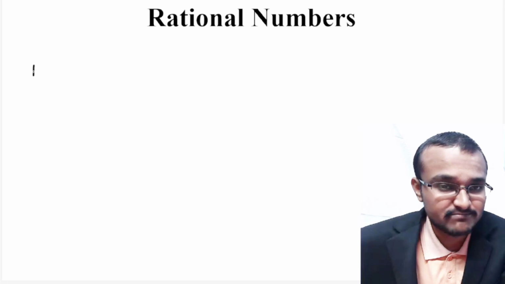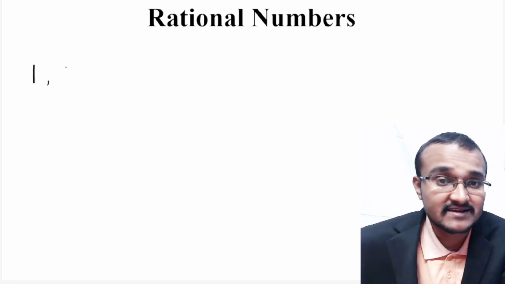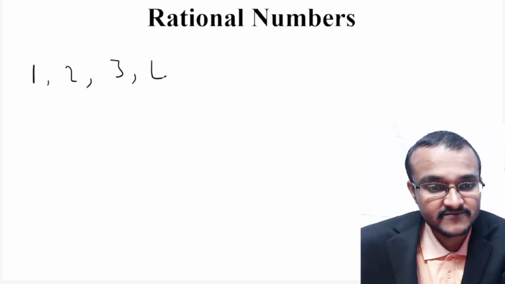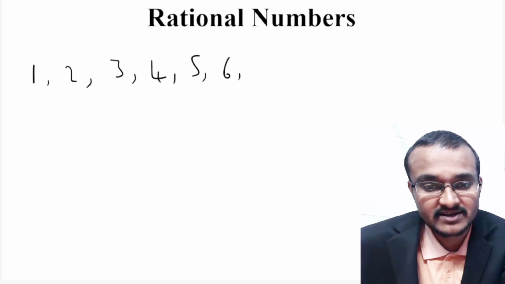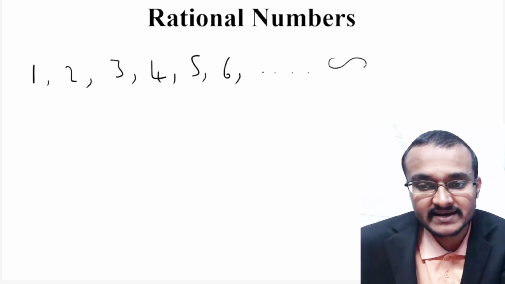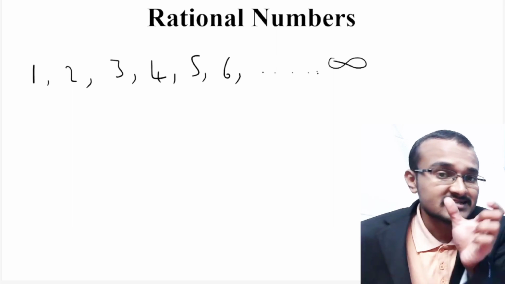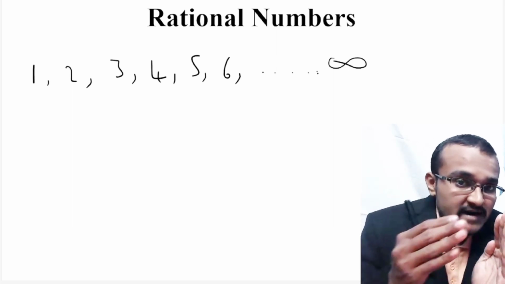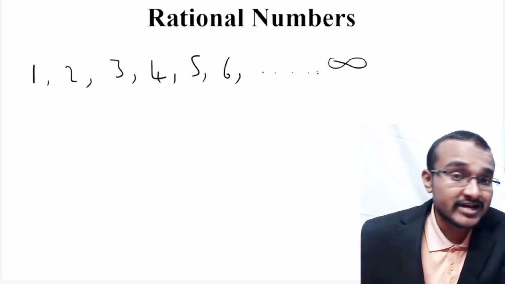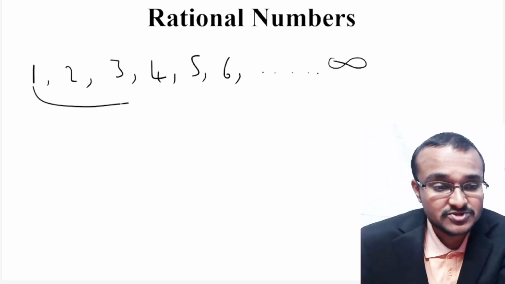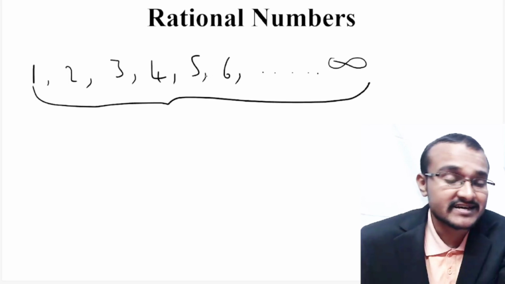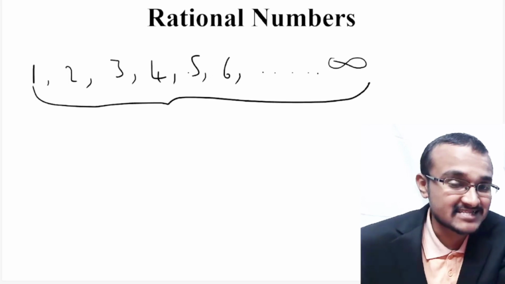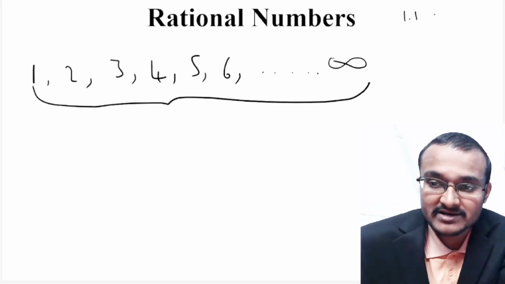We all know we count numbers starting from 1 till infinity, like 1, 2, 3, 4, 5, 6, 7. Like this we go up to infinite numbers. These kind of numbers which start from 1 and go up to infinity are known as natural numbers. One thing you should remember: there should not be any decimal numbers like 1.1 or 2.3 or 4.6.